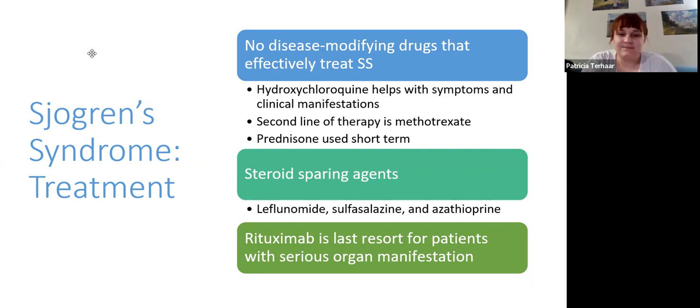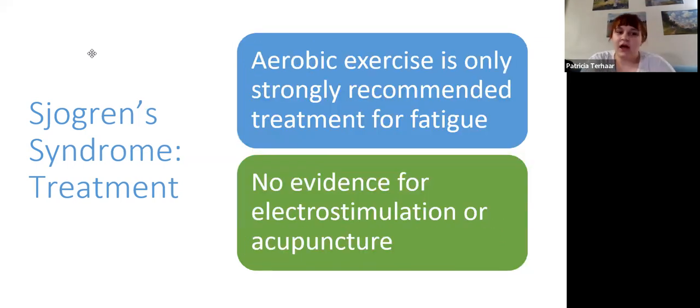There are steroid-sparing agents that can be used, and rituximab is a last resort. It's a biological treatment for patients with serious organ manifestations, because in Sjögren's syndrome, it's not just usually the salivary and lacrimal glands. It can have severe impacts on the kidney, the lungs, and the nervous system as well.